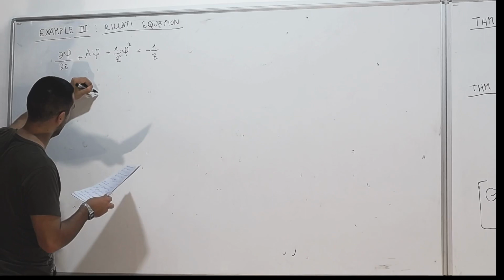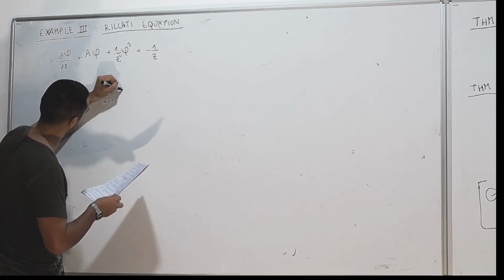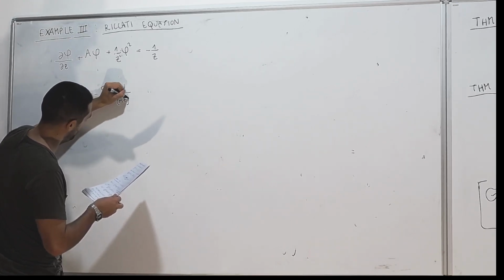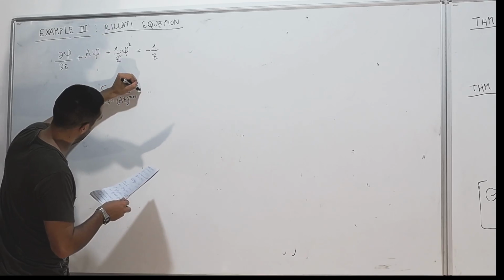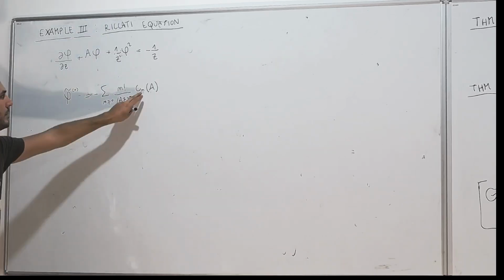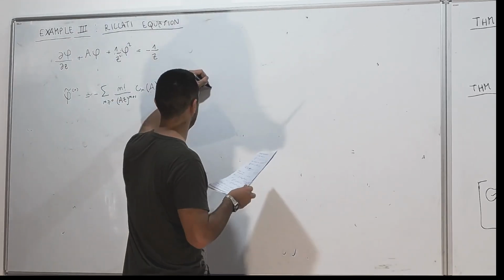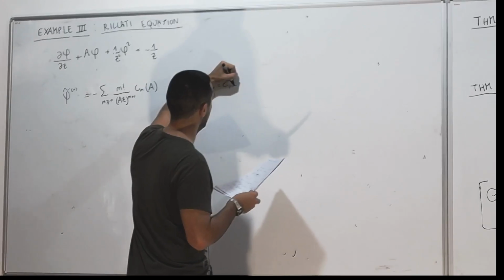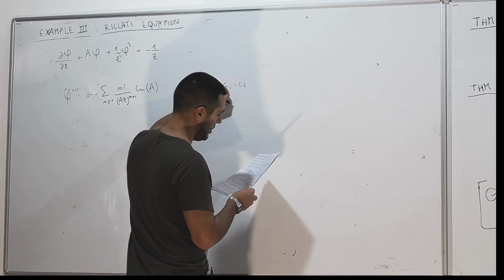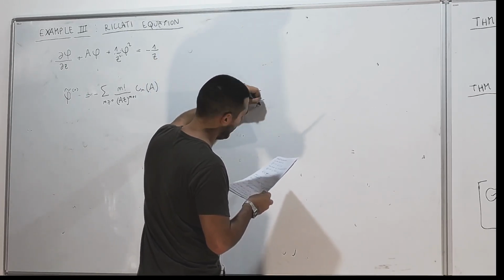We get something like n factorial for some extra coefficients Cn which depend on A and which can be determined recursively. Now, this is not particularly important.